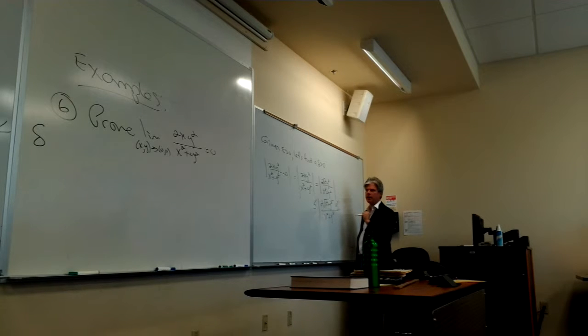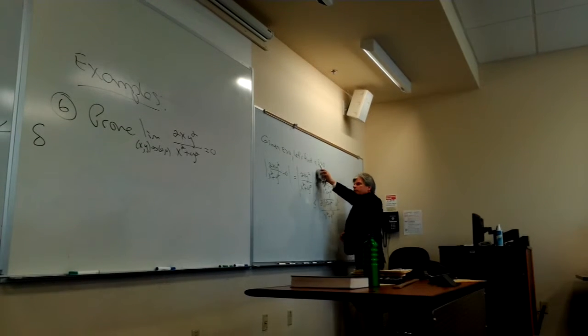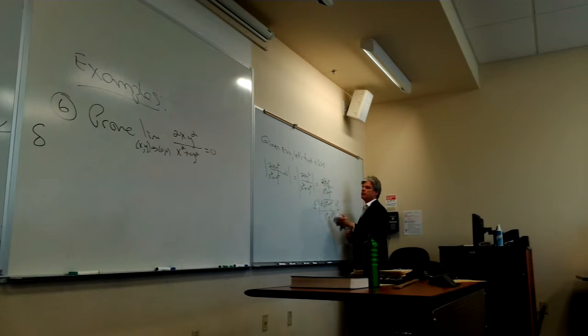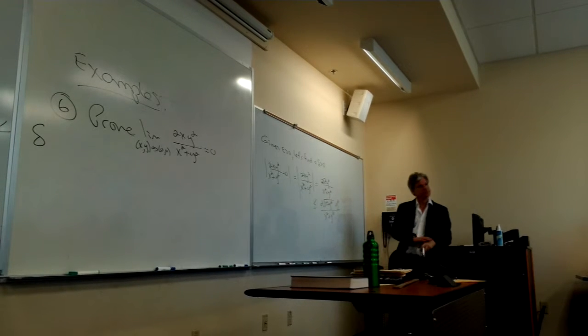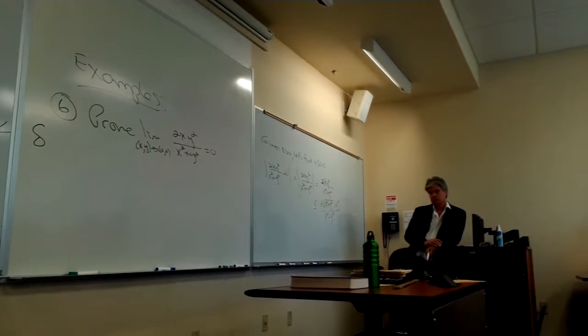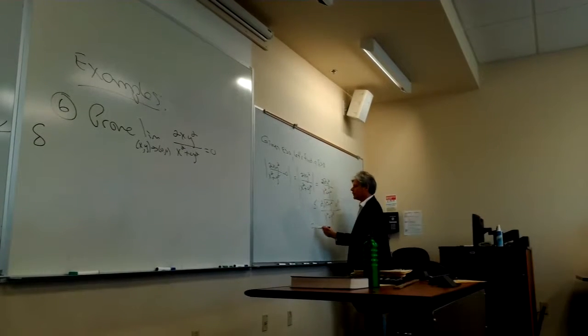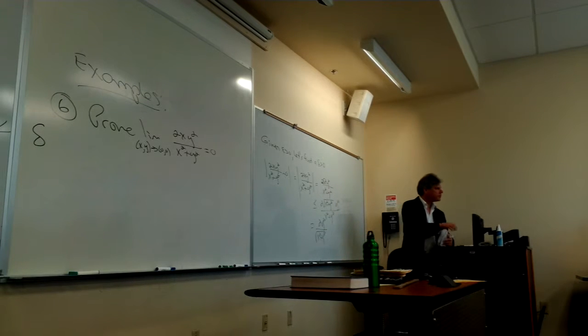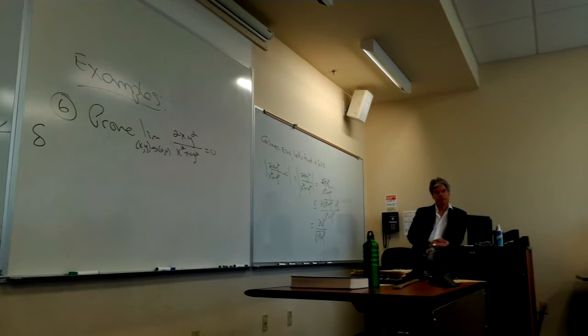Oh, by the way, I guess I'm being silly. I guess my absolute value bars at this point are superfluous. But isn't that just simply this? Do you guys agree?